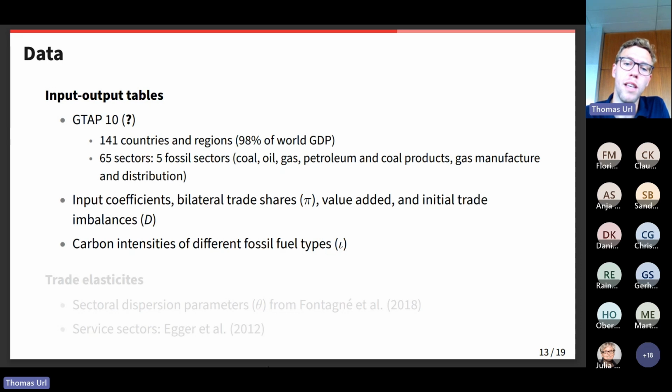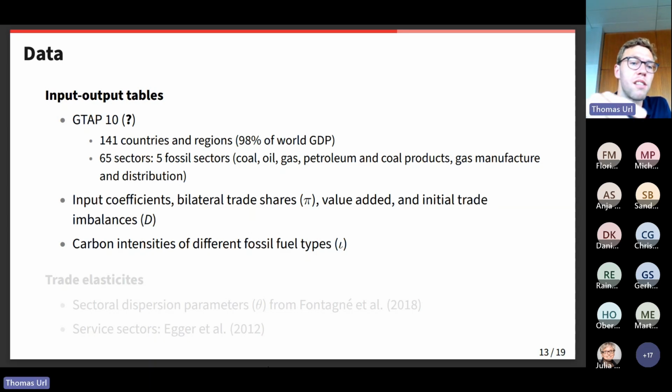So petroleum is the secondary fossil fuel which needs oil as input in the Leontief function, and gas manufacture and distribution needs natural gas as input. While coal is both. You can burn coal right away. It's primary and secondary. It's in its own category.